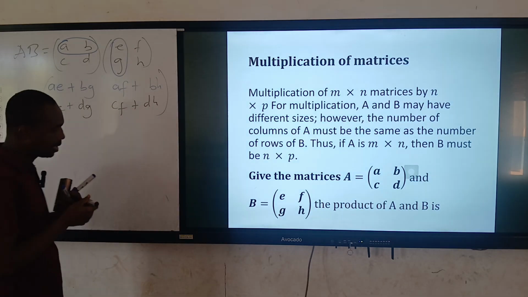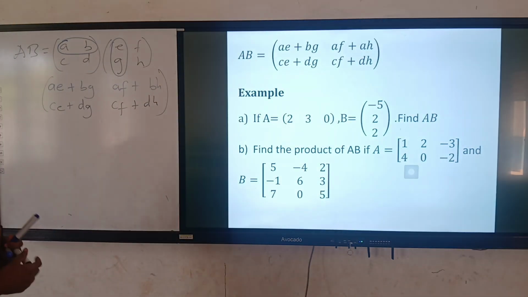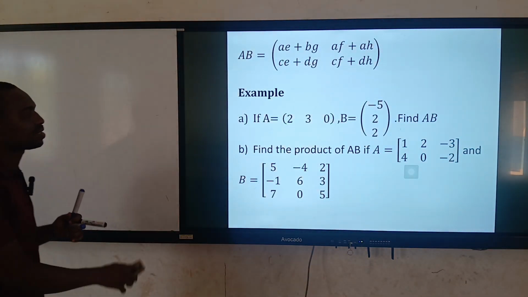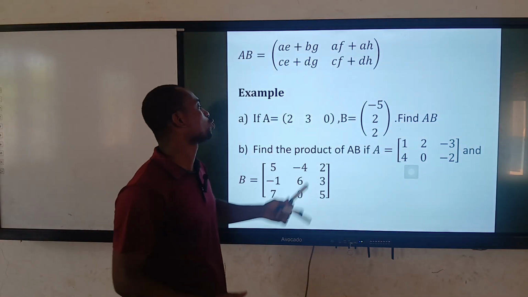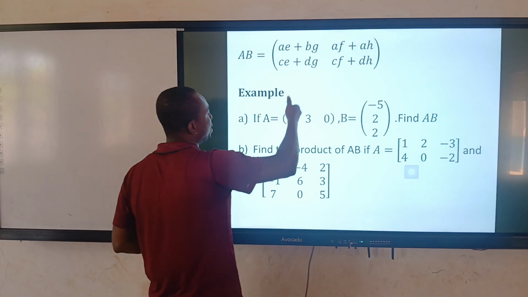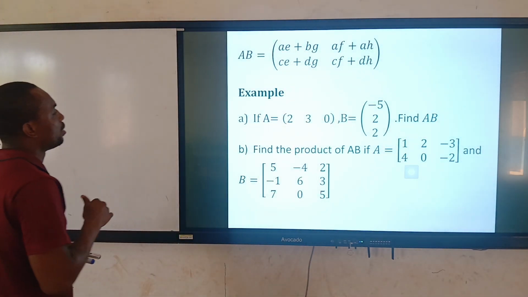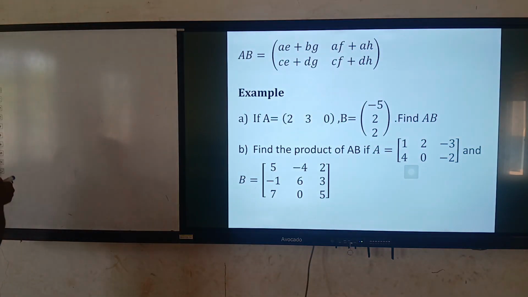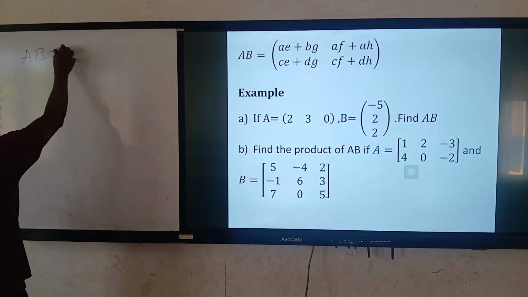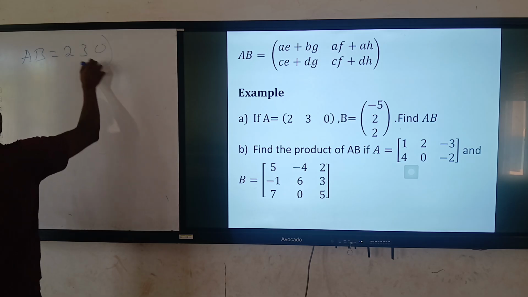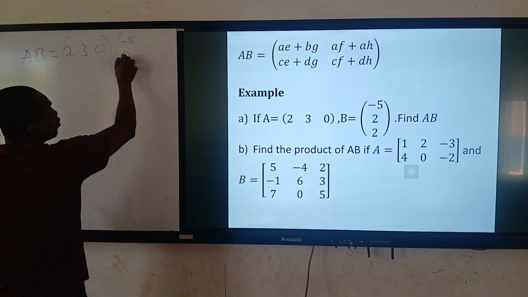So let's take a typical example. Example A says that we should find AB. What is our A? Our A is a 1 by 3 matrix, and B is a 3 by 1 matrix. So we are finding AB. AB is equal to 2, 3, 0 times B, which is negative 5, 2, 2.